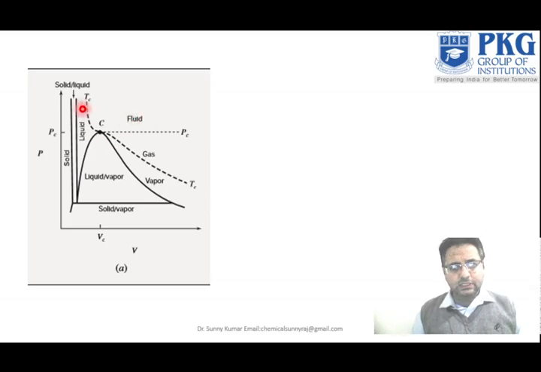This dotted line shows the gas behavior, and this line shows the vapor behavior. So these are the things when the volume is changing and the pressure is also changing. This dotted line is for gases, and this black line shows vapor.